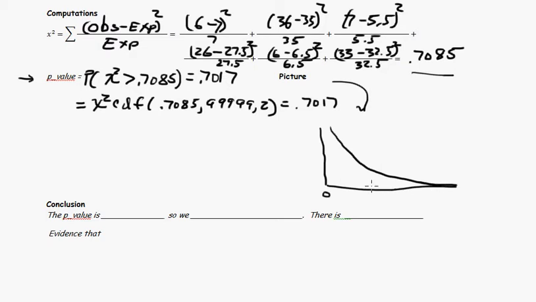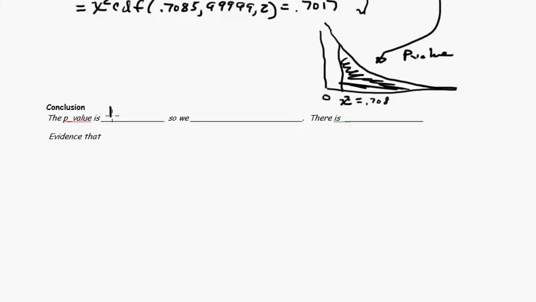Alright, but we're not that far away. The chi-squared value is 0.708, so it's not even 1 unit away. So the p-value is quite large. Alright, so the p-value is large, so we fail to reject H0.